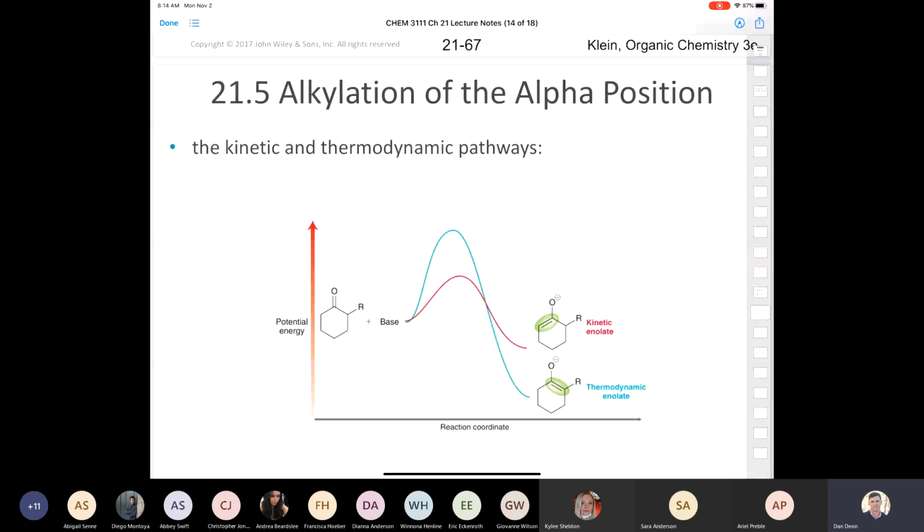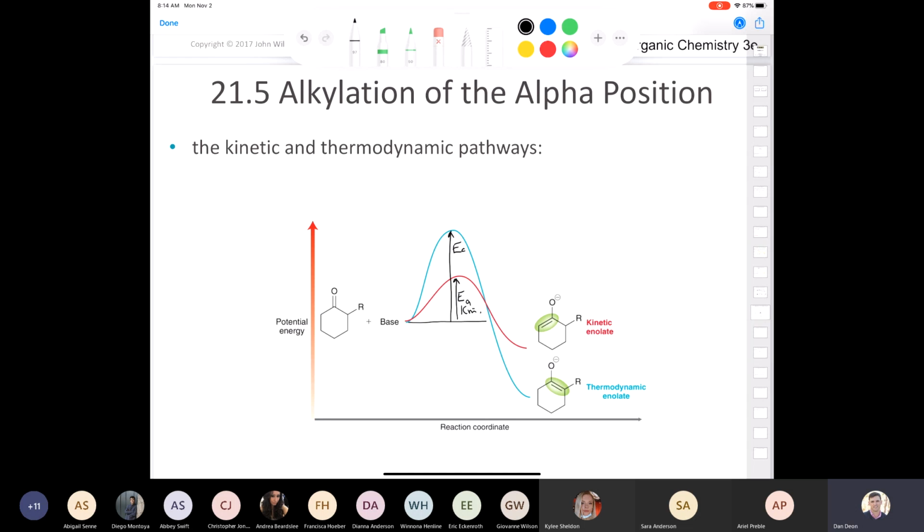If you look at the activation energies of these two enolates, we'll call this the activation energy of kinetic, and we'll call this the activation energy of our thermodynamic product. You can see that the activation energy of the thermodynamic product is higher, even though the intermediate is more stable.